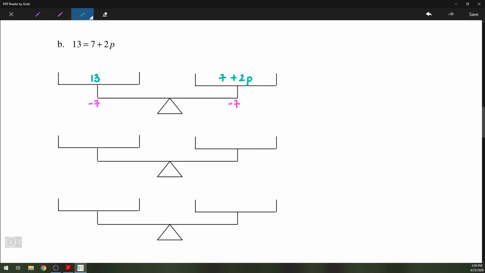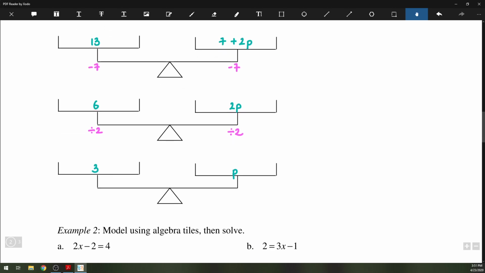So we will be left with 6 is equal to 2p on the right-hand side. Then we can divide both sides by 2. So 6 divided by 2 is 3, so p is equal to 3. So solving these two-step equations is just those two steps, one after another.